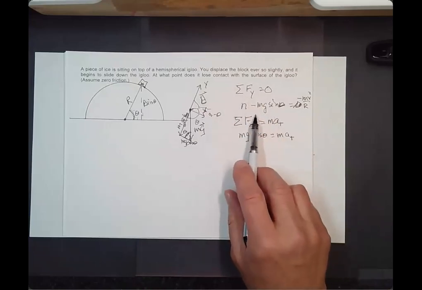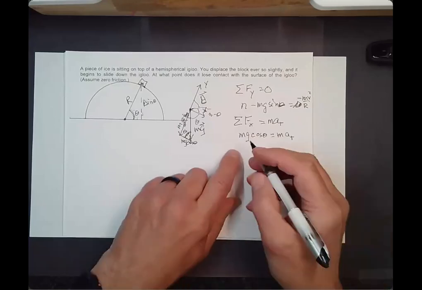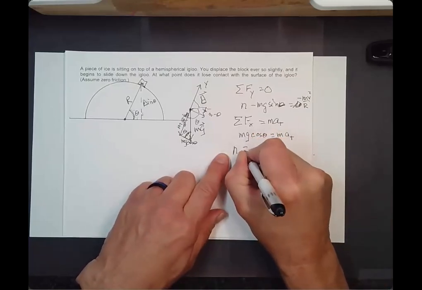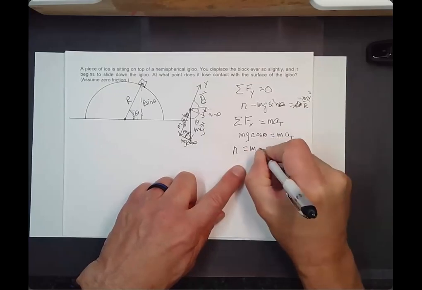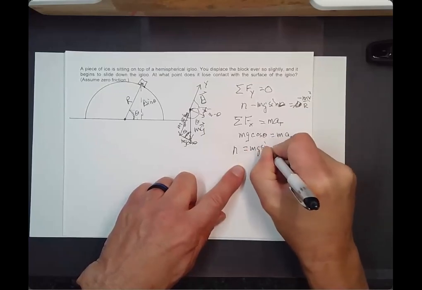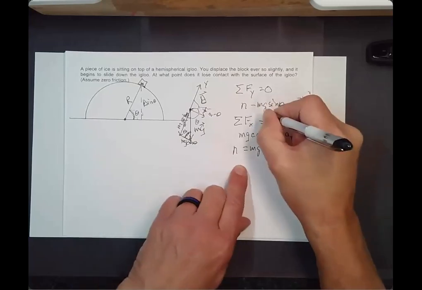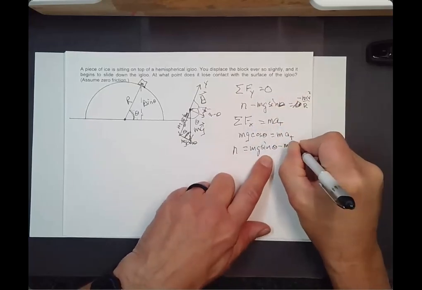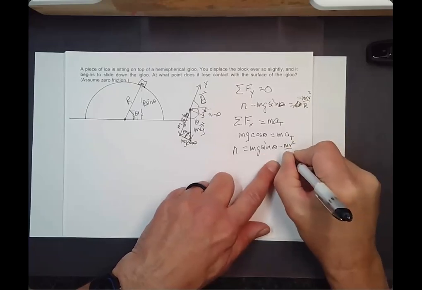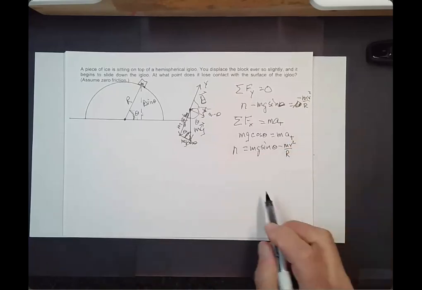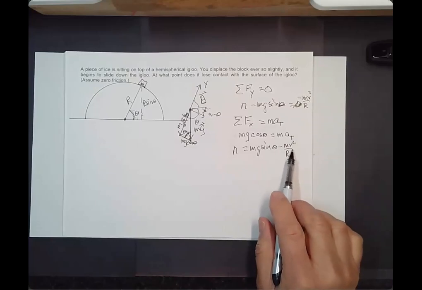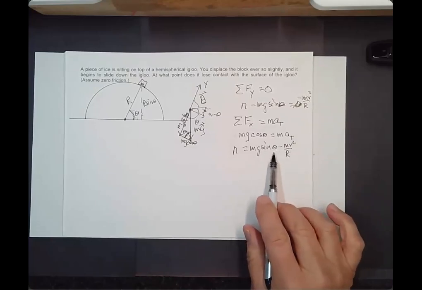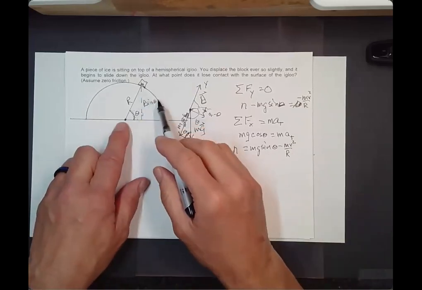But when it loses contact with the surface of the igloo, the normal force is going to drop to 0. And if I just write an expression for the normal force, it's going to equal mg sine of theta, I brought that to the other side, minus m v squared over capital R. Now, v is going to be continually increasing. Sine of theta is going to be decreasing as it slides down here.